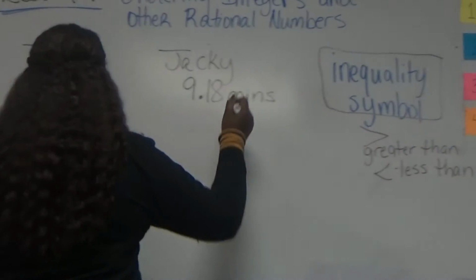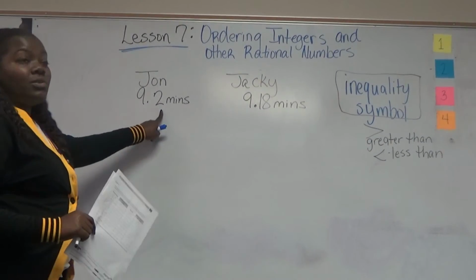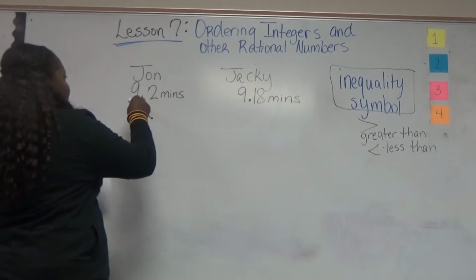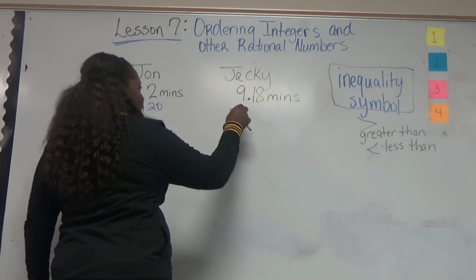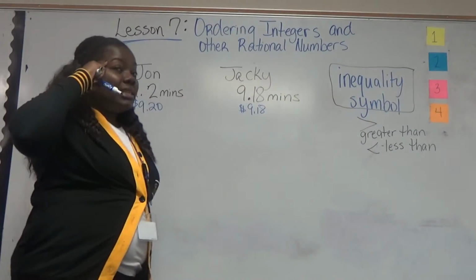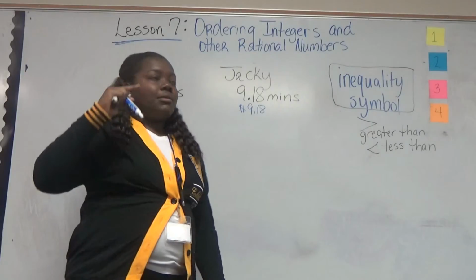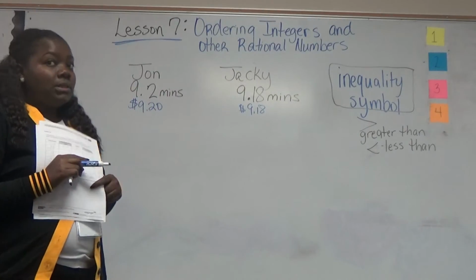If I was thinking about money, 9.2 is the same as $9.20. And this one is like $9 and 18 cents. This is just giving you a way to think about which decimal is larger and which one is smaller. Okay? So who has the least amount of money? Jackie.